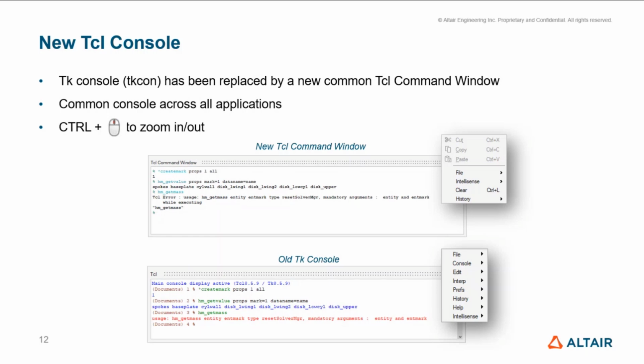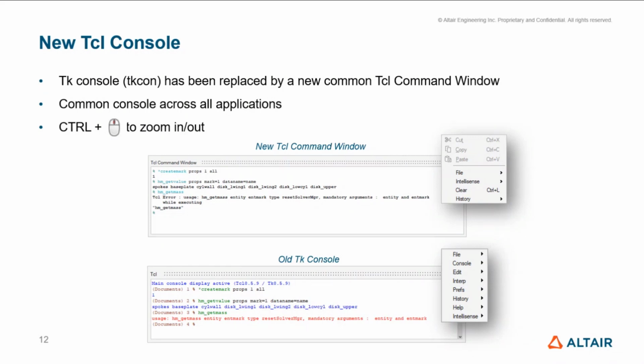For those of you who used Compose before, this is the console that you'll be familiar with. Essentially, it is a different UI feature, but in terms of functionalities, everything should be covered. You will see differences in terms of the right-click context menu, but ultimately it's accessing the same TCL interpreter.